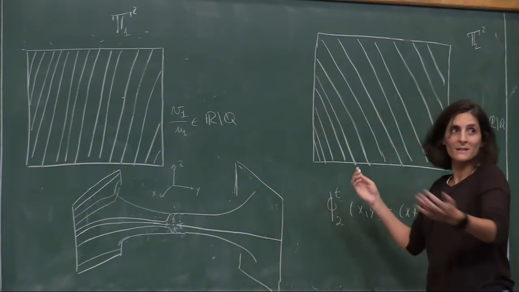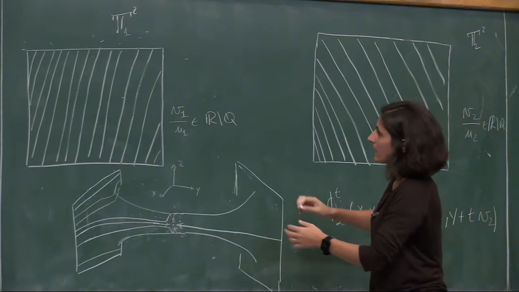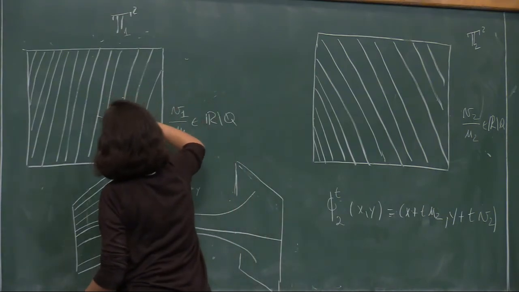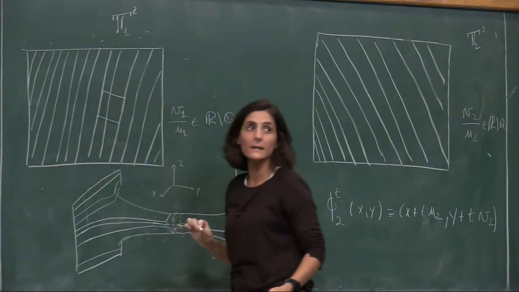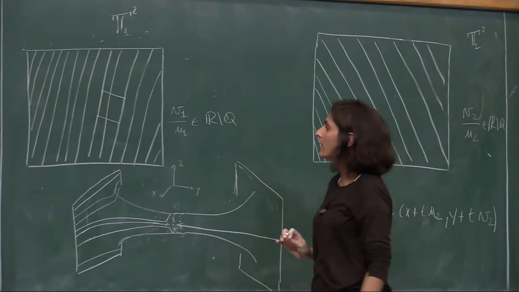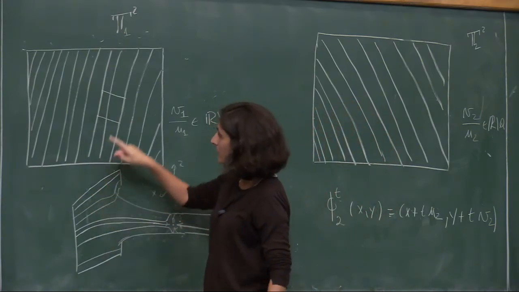Okay, and now, right? So what I'll do is look at this torus. I'll take a square here where two of the sides are segments of this flow line, a small square, okay? This is all small. And what I'll do is I'll glue this square to this one.